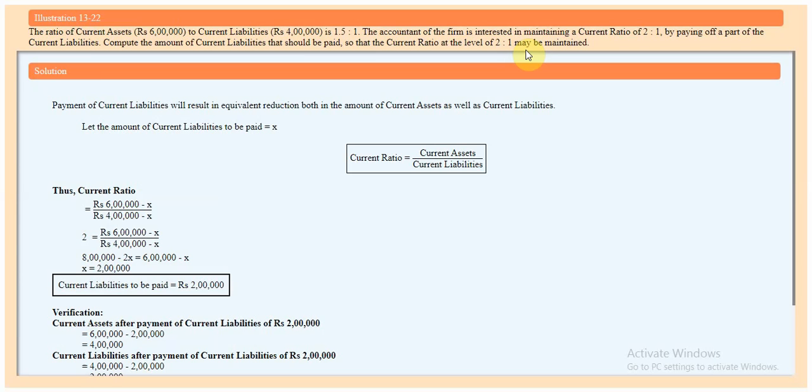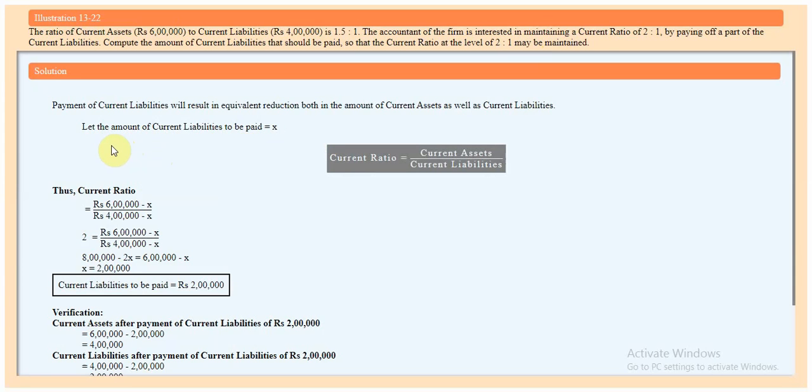They are also telling us that the accountant wants to maintain a current ratio of 2 is to 1. So for doing that, he is repaying a part of current liabilities. We have to find out how much of current liabilities have to be paid so that current ratio is maintained at the level of 2 is to 1.